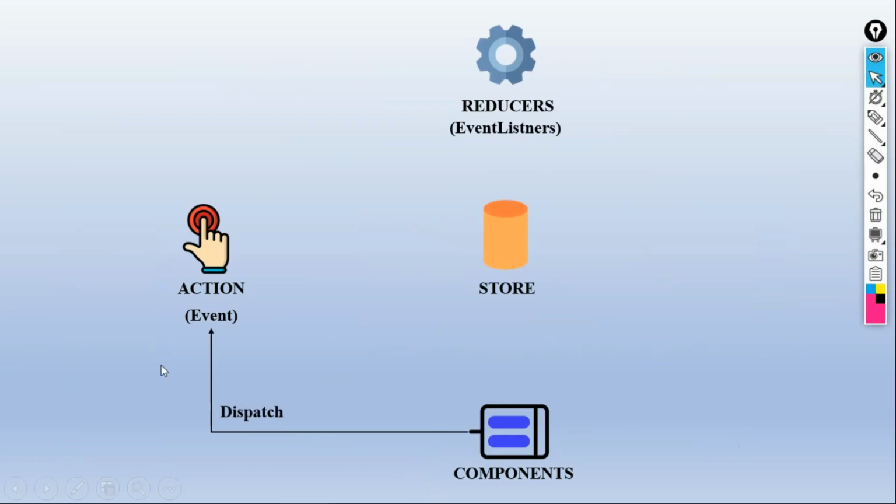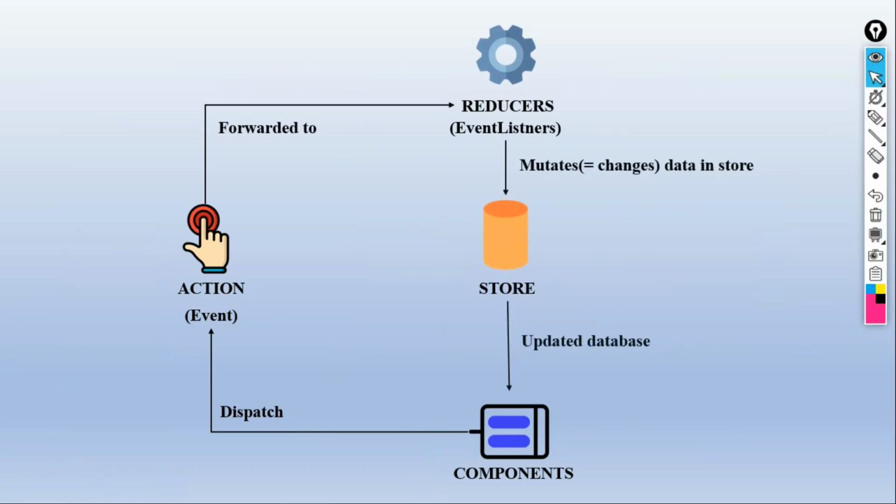So here we are dispatching the event and forwarding it to the reducer. Reducers are inside the store, which helps update our state. Since the state is updated, the component will re-render and you can show the updated data. This is one example.